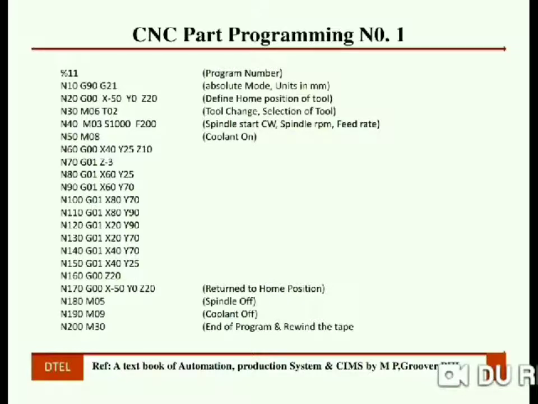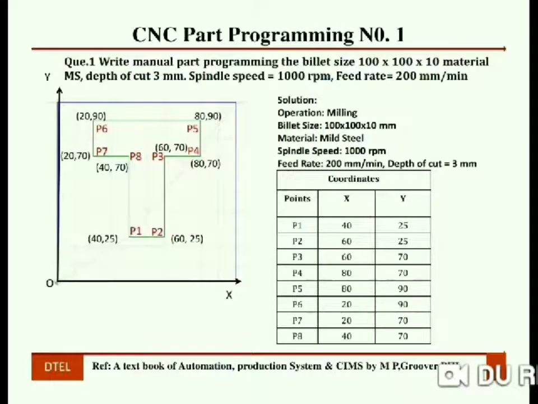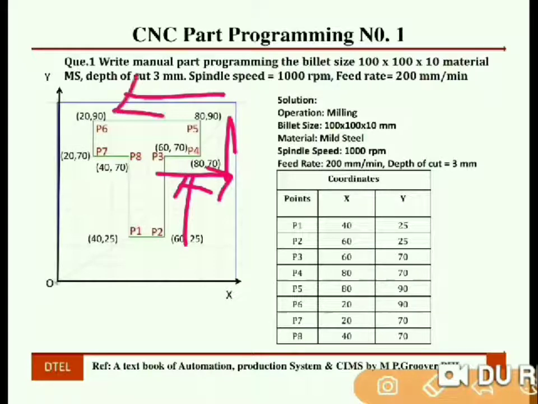Now we have to take the next position. The tool must move from P2 to P3. From this diagram we can see it is again a straight path. Then similarly we have to use the linear interpolation code G01. Similarly P2 to P3, P3 to P4, P4 to P5, P5 to P6, P6 to P7, P7 to P8, and again P8 to P1.